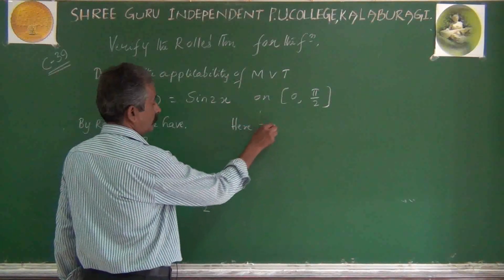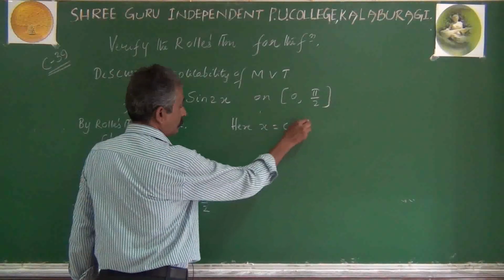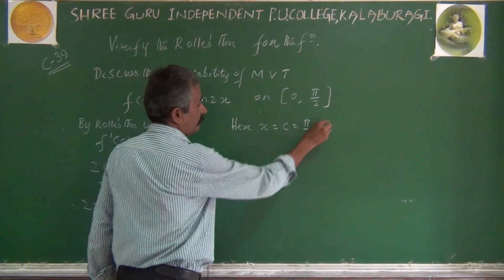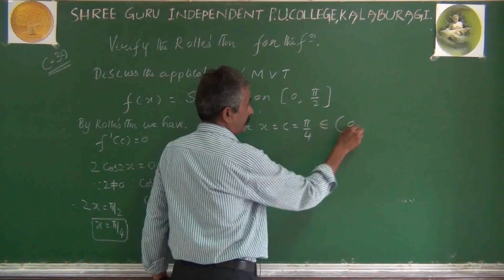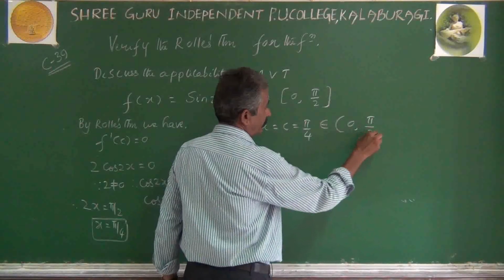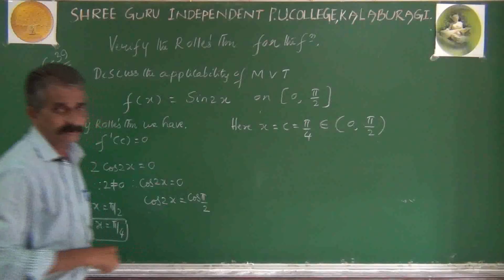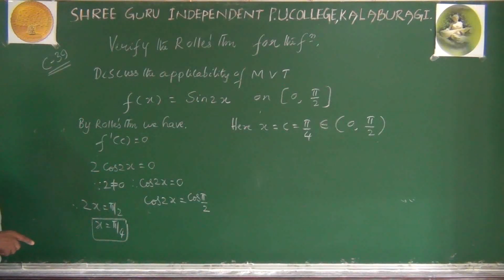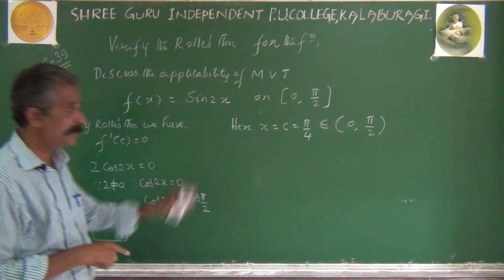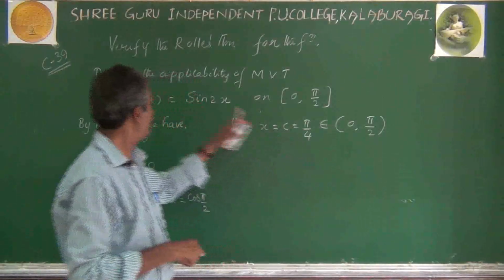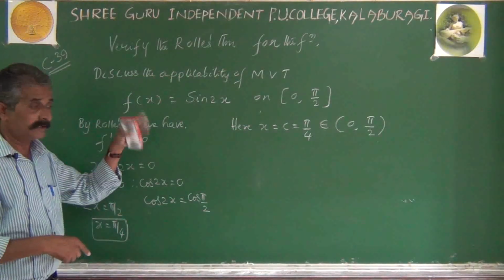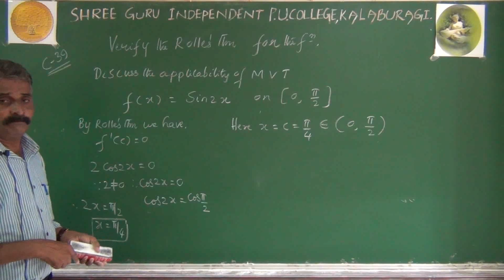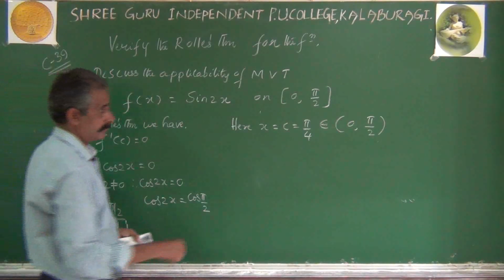Here x equal to c equal to pi by 4 belongs to the open interval 0, pi by 2. That means for that value of x, Rolle's theorem holds. That means at this point we have a tangent on this curve such that the tangent will be parallel to the x-axis.